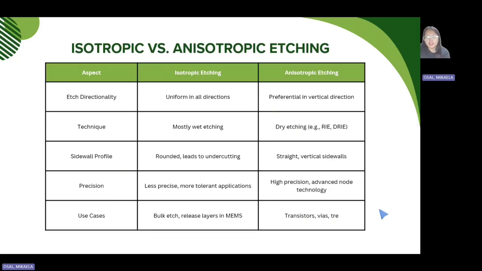And anisotropic provides high precision, which is crucial for advanced node technologies such as modern semiconductor manufacturing. In use cases, isotropic is commonly used for bulk etching in applications like releasing layers in MEMS devices. And anisotropic etching is essential for creating transistors, vias, and trenches in advanced semiconductor devices.